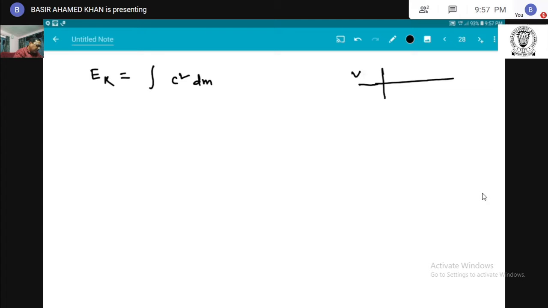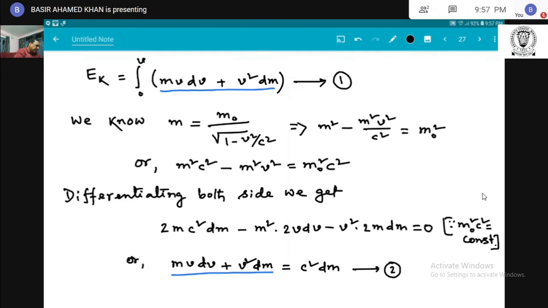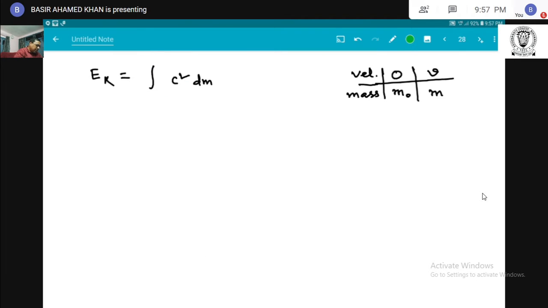This is velocity and this is mass. When velocity is 0, mass is rest mass. When velocity is v, then mass is relativistic mass m. So the range of the integration changes from m0 to m instead of 0 to v.